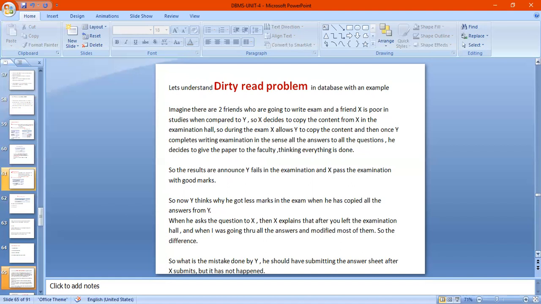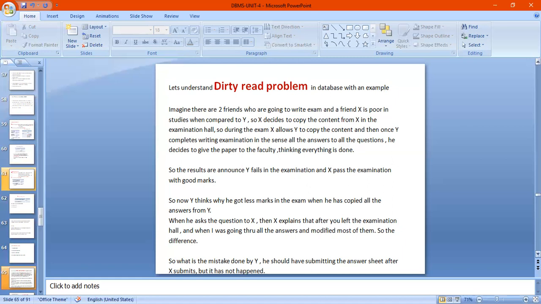Imagine there are two friends who are going to write exams and friend X is very poor in studies when compared to Y. So X decides to copy the content from Y in the examination hall. So during the exam, Y allows X to copy the content.